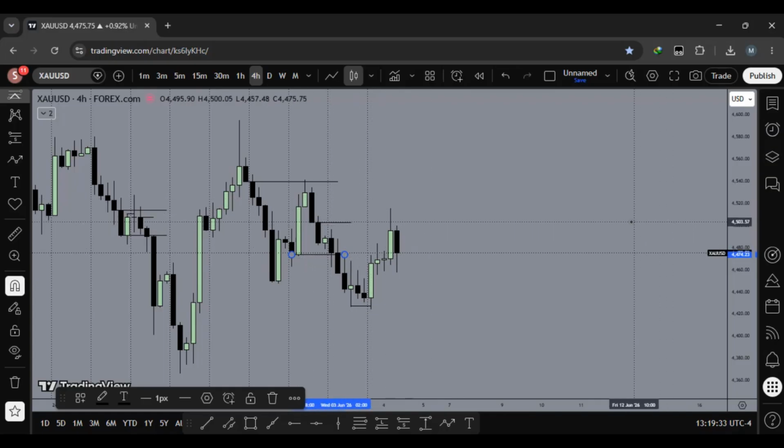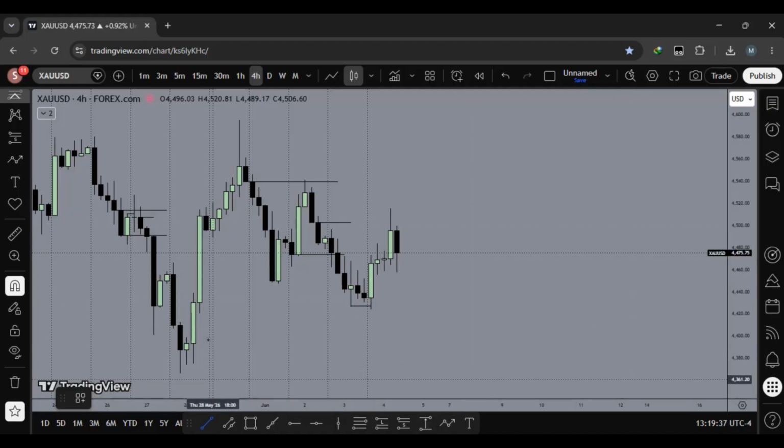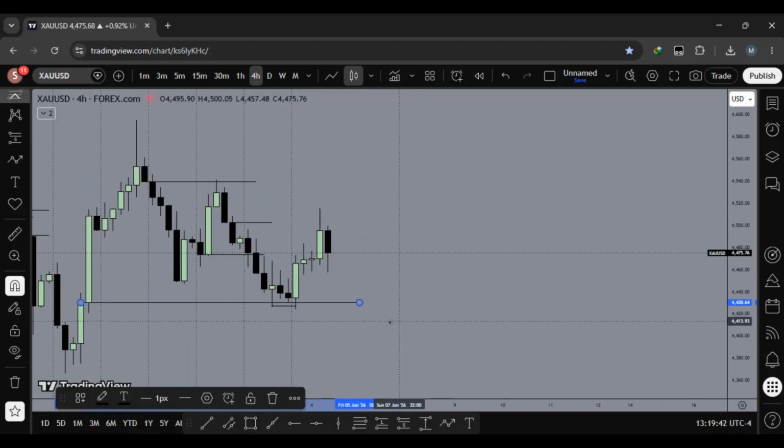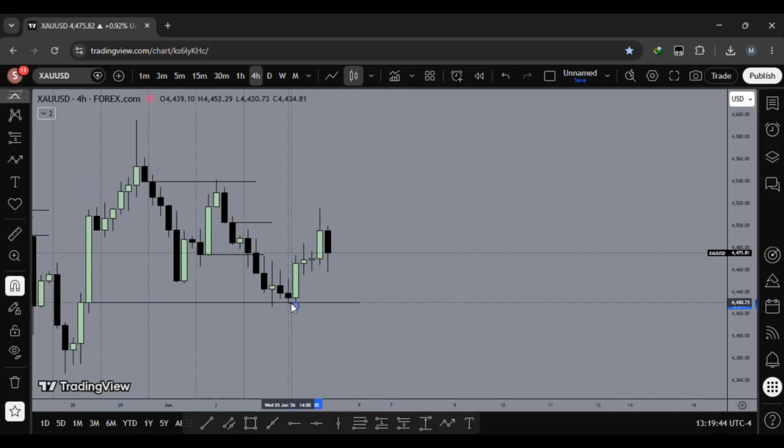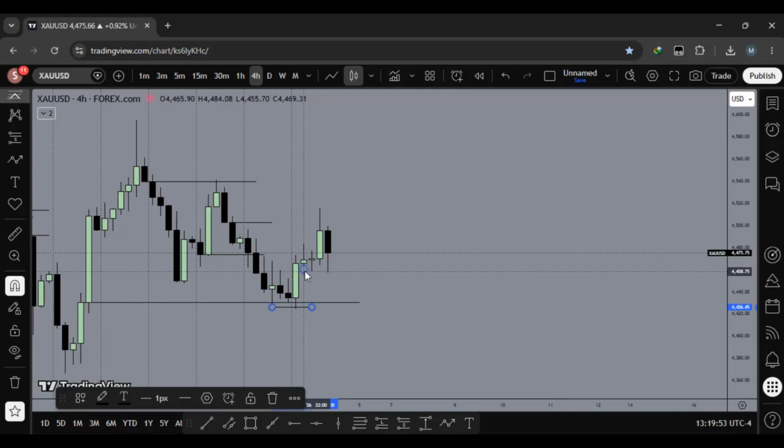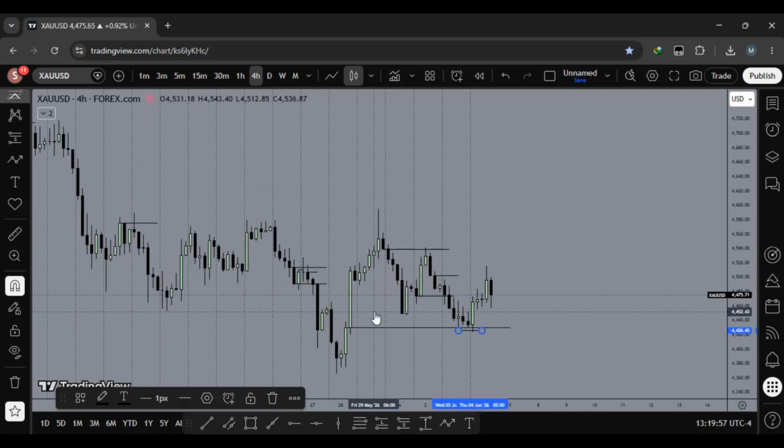You know what you're doing. Look at here too. Candle 2 closure is here. Or you take this as your candle 2 closure and then you take your buy here. Okay, that's it.